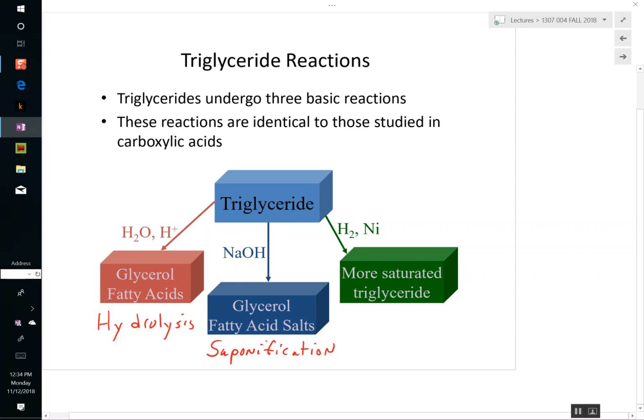And when you react an unsaturated or a double bond with hydrogen, what do we call it? Yeah, hydrogenation. It actually has hydrogen in its name. Hydrolysis, you're reacting something with water. All right, and this is actually why these triglycerides are put in the class of saponifiable lipids. This is a saponifiable lipid. It can undergo saponification.